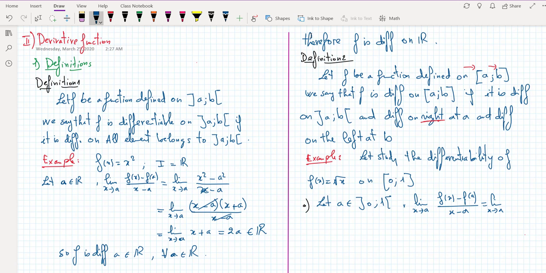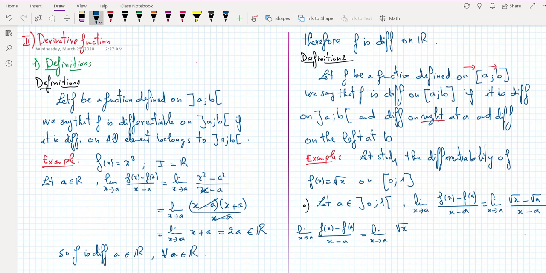Limit x tends to a, f(x) is root x minus root a, which is f(a), over x minus a. If we multiply this limit by the conjugate, the conjugate of root x minus root a is root x plus root a.